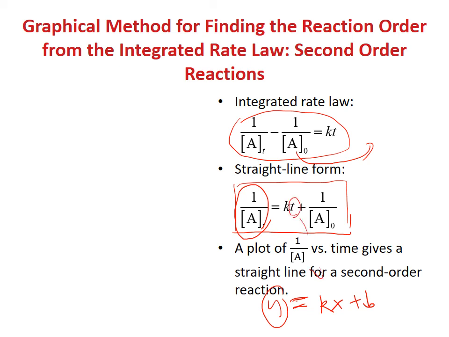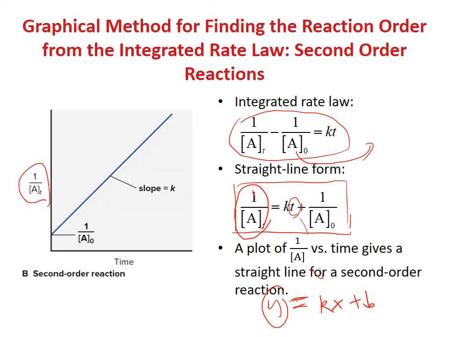If you plot 1 over A as a function of time, you get a straight line, and the slope is k. The intercept is 1 over A naught. So again, this is an experimental method to find the reaction rate constant for the second order reaction. You plot inverse concentration over time.